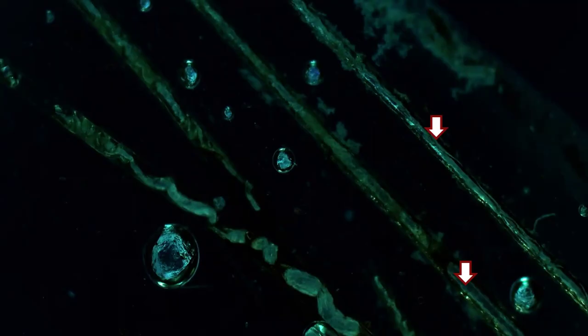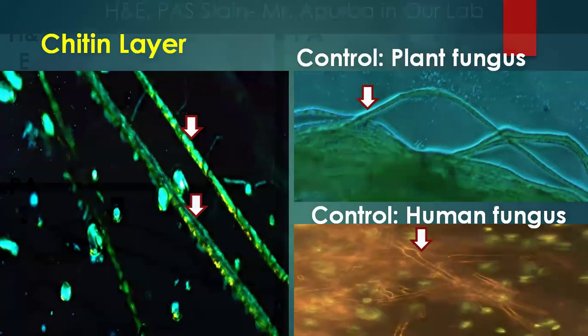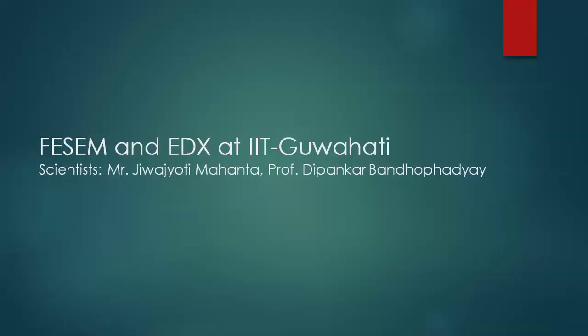And these are picked up by specialized microscopy. So the chitin layer was compared with control plant fungus and human fungus. And we have done a PAS stain, which showed positivity of the chitin layer. FESEM and energy dispersive spectroscopy was done with Dr. Jyotirmay and Professor Dipankar Bandyopadhyay.